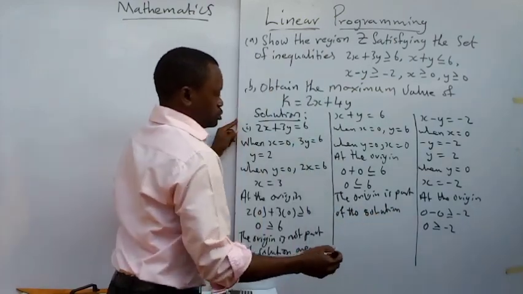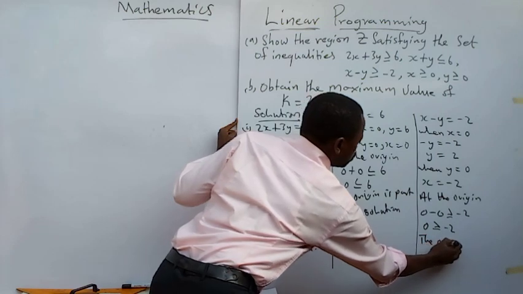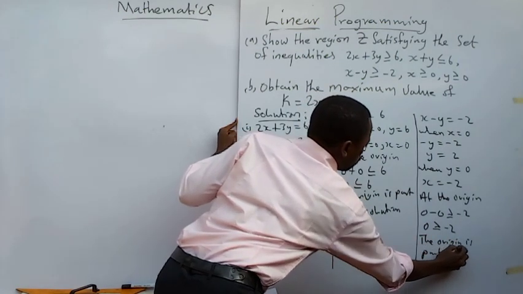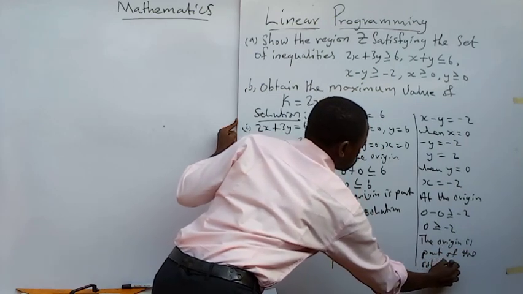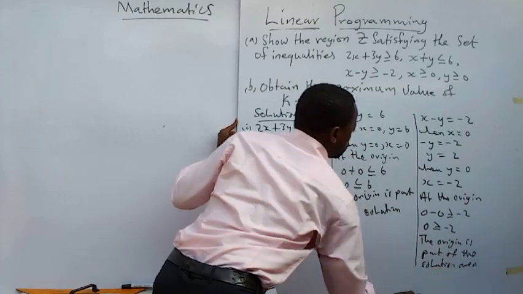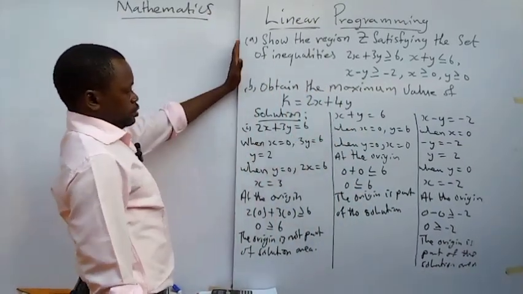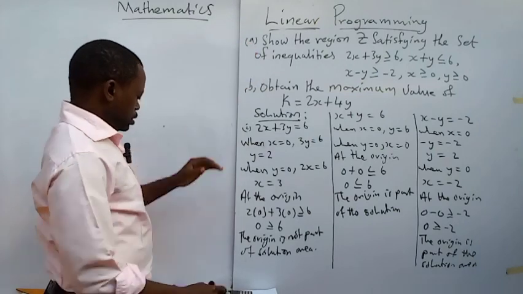By implication, here in this inequality, the origin is part of the solution area. So we have got these three pieces of information that we need to make the graph.